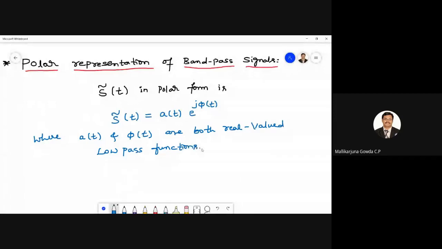Okay. So now let me try to express the bandpass signal. I know how to write the bandpass signal. Any one of you can say, how can I write the bandpass signal? How do I define the bandpass signal? At least this you should be able to tell now.